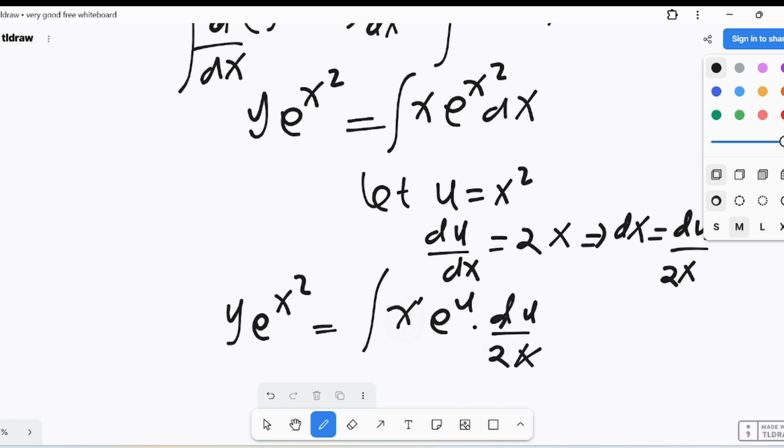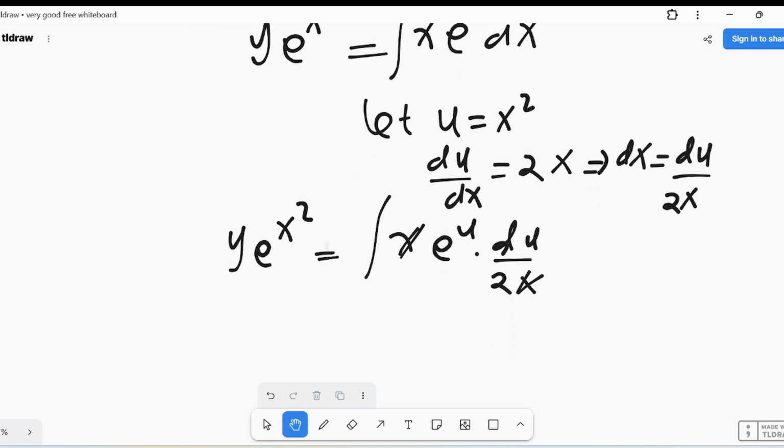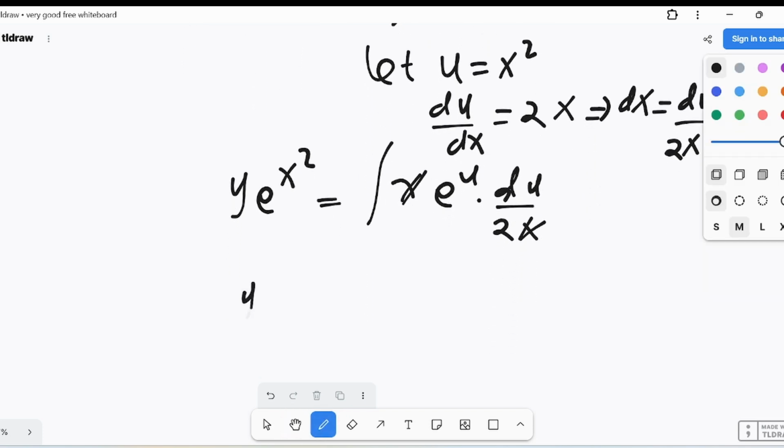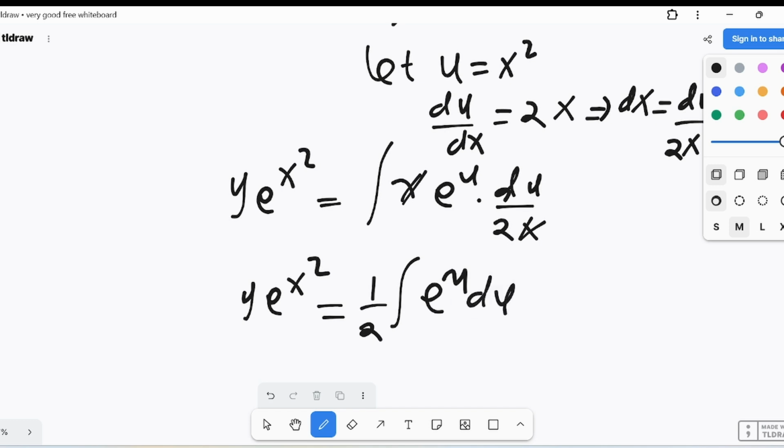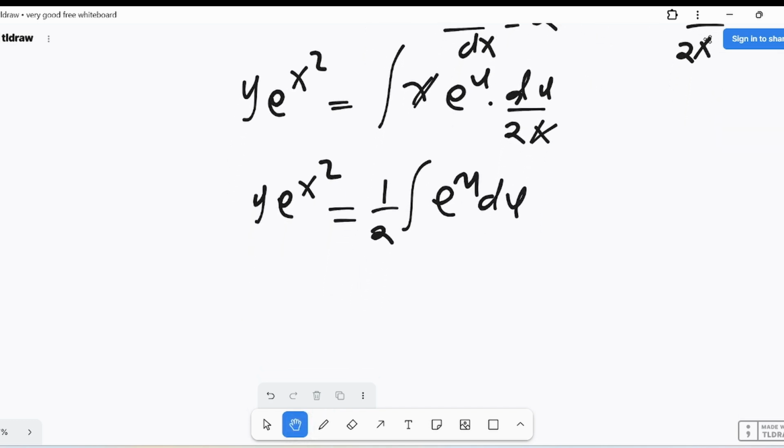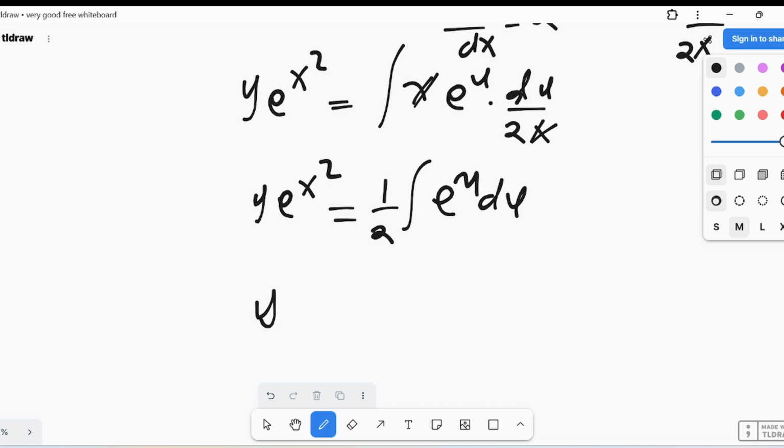So this cancels with that. So simplifying this, we end up having y e of x squared is equal to half e of u du. Integrating this and finishing it, we have y e of x squared is equal to half e of u plus c.